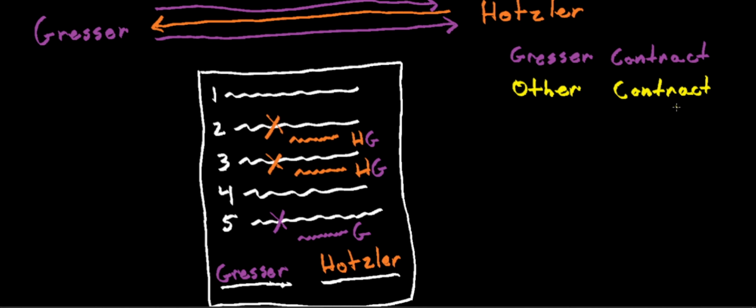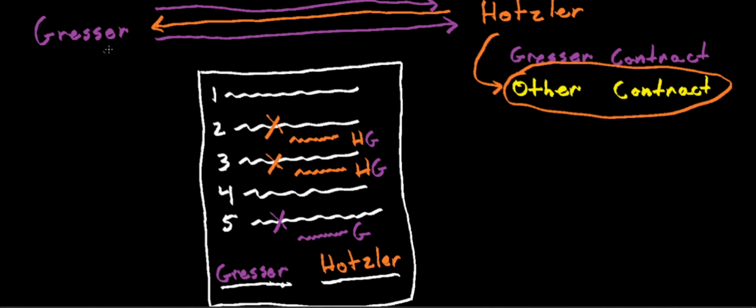And this other contract offer that Hoztler gets sent ends up being a better deal than the one that he had negotiated with Gresser. And so Hoztler ends up going forward with this other contract and sort of leaves Gresser sitting out in the cold while Hoztler goes forward with this other buyer for his property.